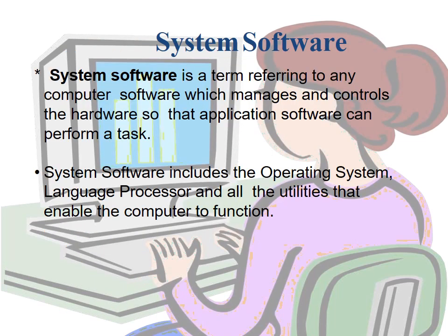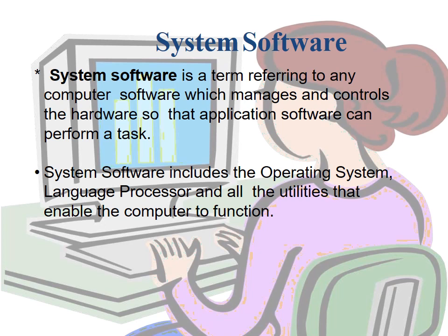Now let us know about system software. System software is the collection of programs that controls and manages the operation of the computer so that we can perform a task. It provides the environment to develop and run application software. It takes care of hardware and other software of the computer.